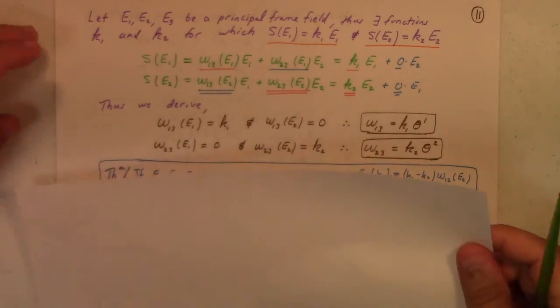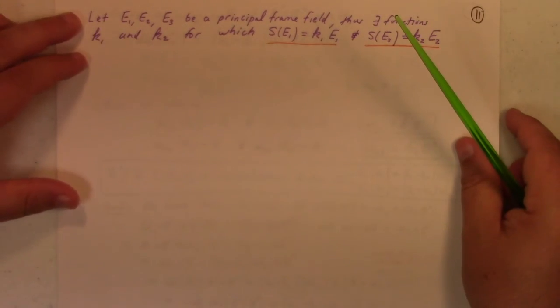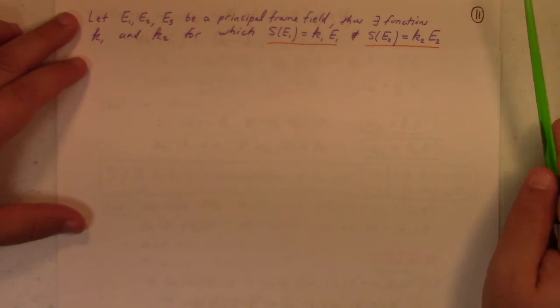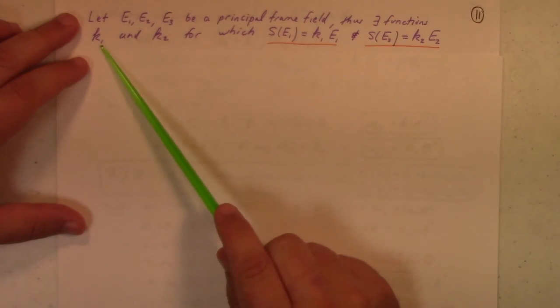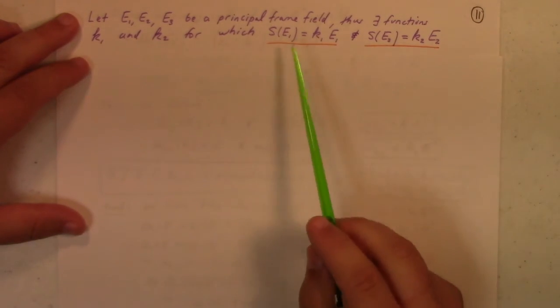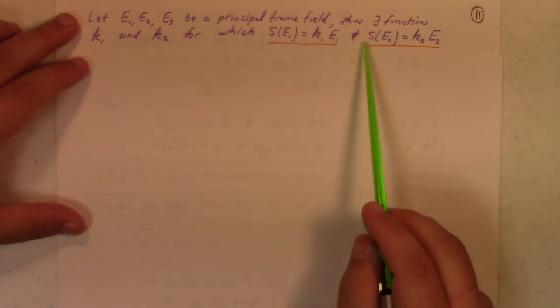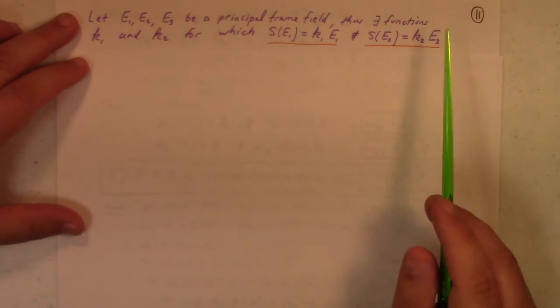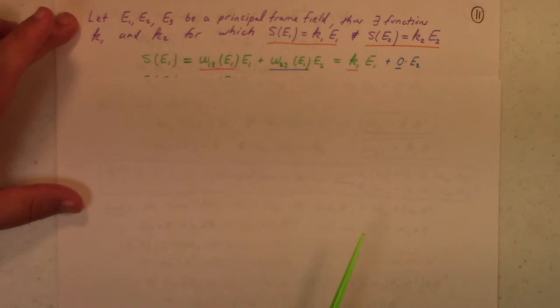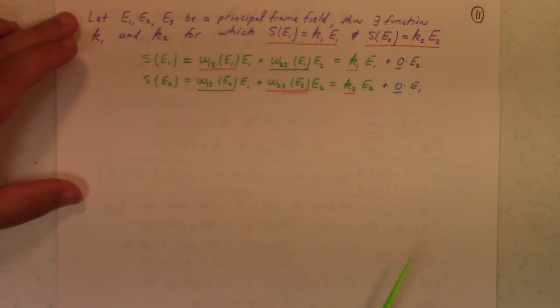Alright. So let E1, E2, and E3 be a principal frame field. So that means that there exist functions k1 and k2 such that the shape operator on E1 is k1 E1, and the shape operator on E2 is k2 E2, right? But what does that mean about the coframe?